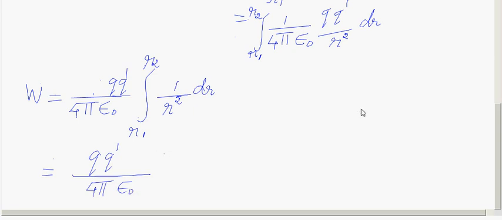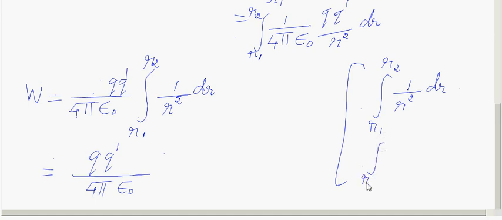So integration from R1 to R2 of 1 by r square dr. Integration of 1 by r square is nothing but integration of r to the power minus 2. So recall the integration formula.